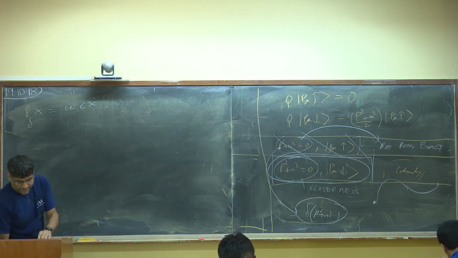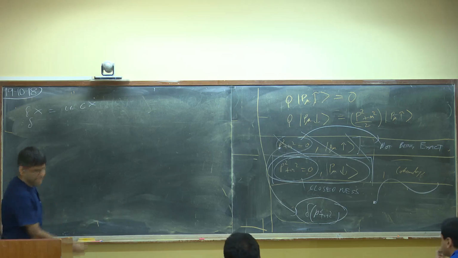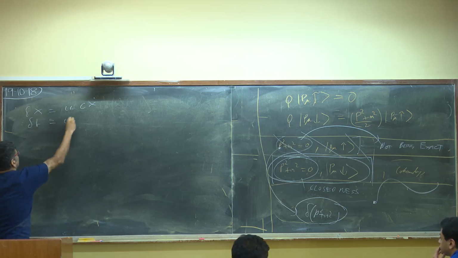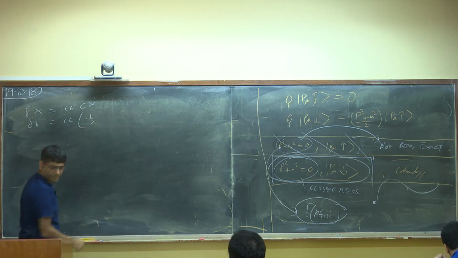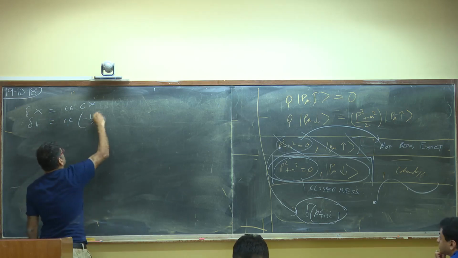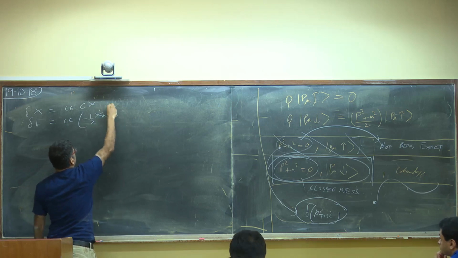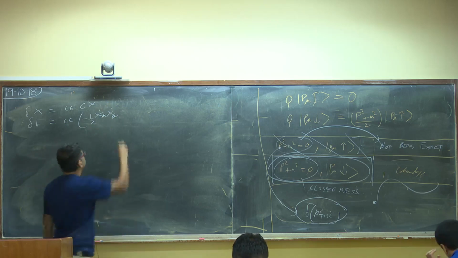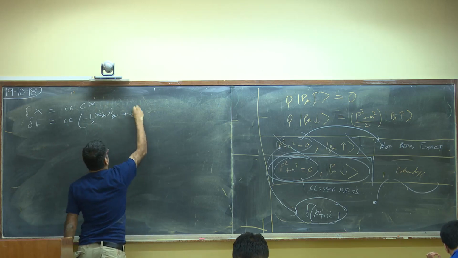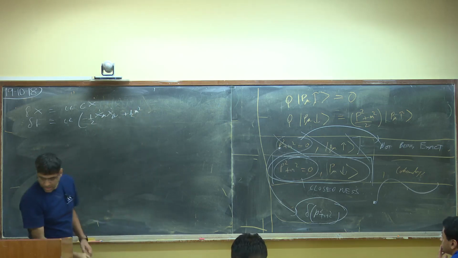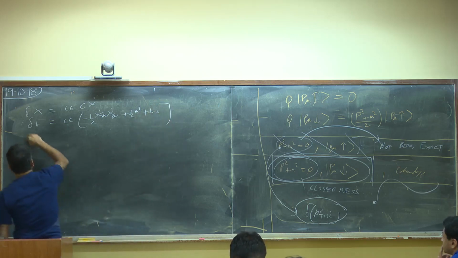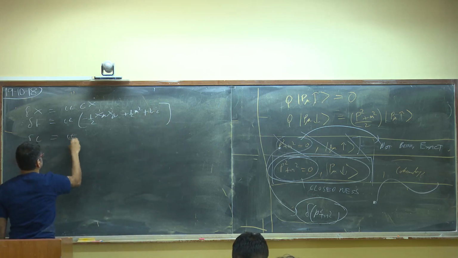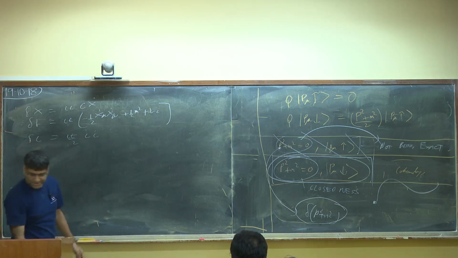So delta b is equal to i epsilon times minus half x mu dot plus half m squared plus bc dot, and delta c was equal to i epsilon by 2 c c dot.